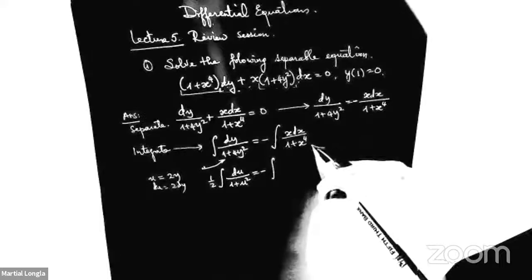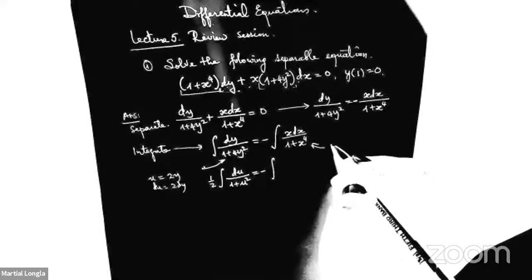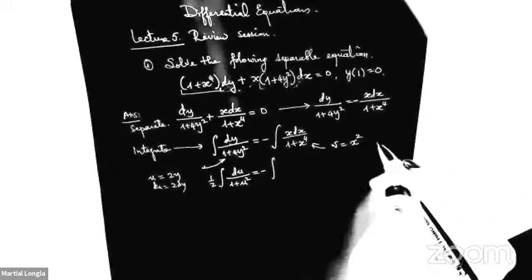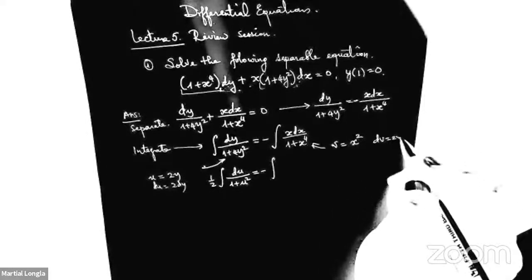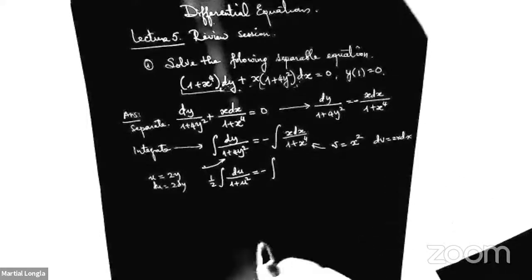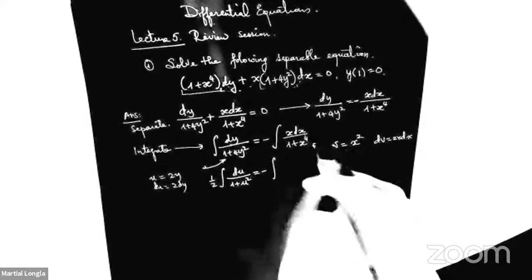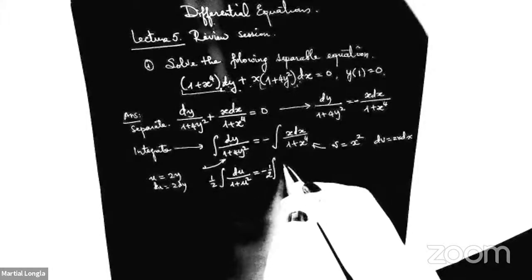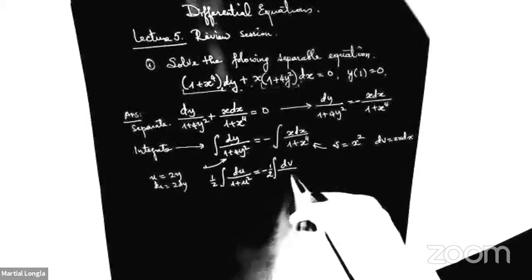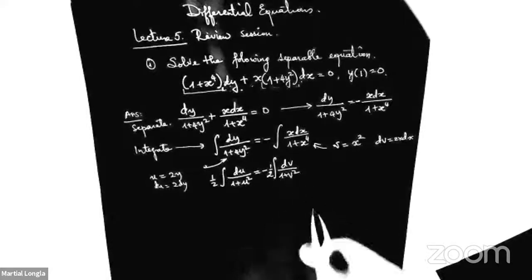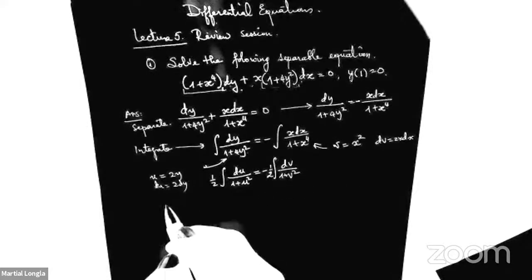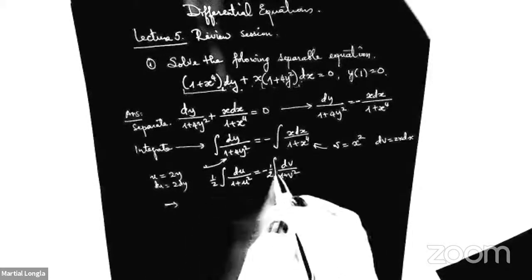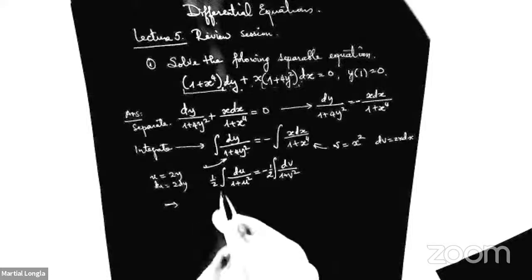And here we are going to have u substitution, or v equals x squared. So dv is 2x dx. So x dx is dv over 2, so that's 1/2 also, dv over 1 plus v squared. And right there you can see that you can get rid of those 2's. So you can divide or multiply by 2 both sides.